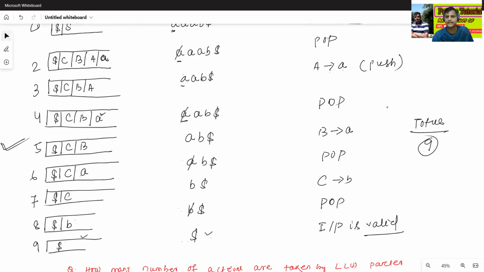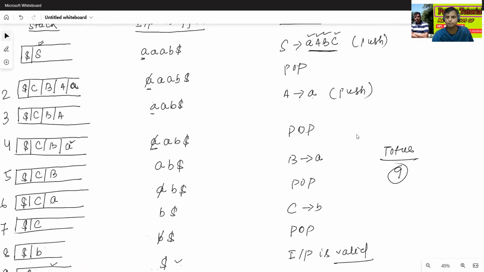So how many push actions here? This is one push action, second push action, third push action, fourth push action. So total number of push actions is 4. Total push action equals 4. And how many pop actions here?